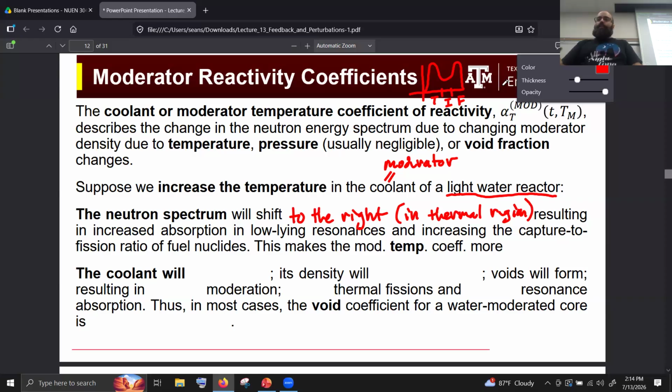More parasitic capture means my capture to fission ratio goes up. So if I increase temperature, because the spectrum shifts to the right and that increases the capture to fission ratio, it ends up decreasing the reactivity. That makes my moderator temperature coefficient more negative.